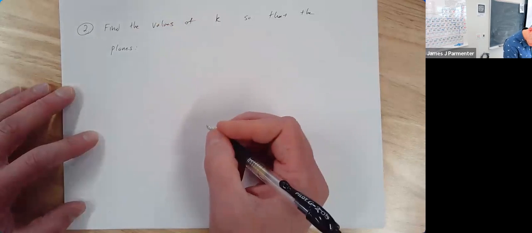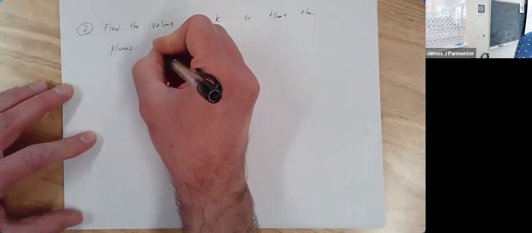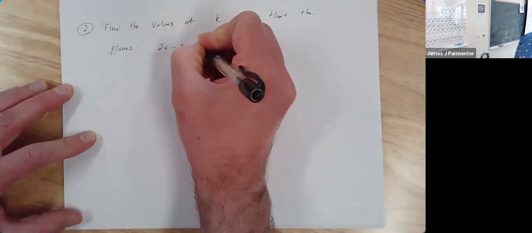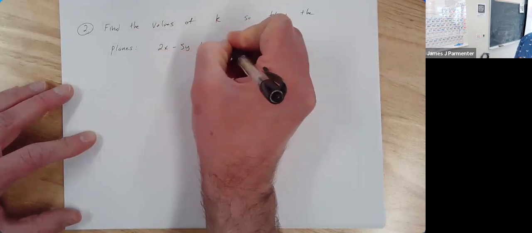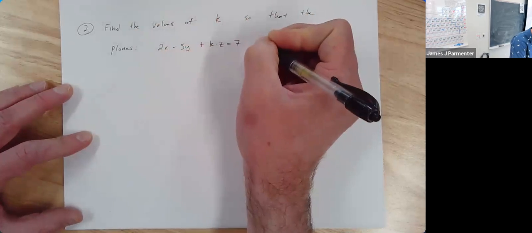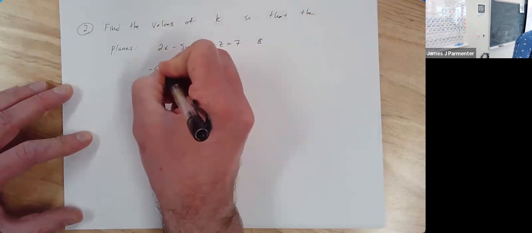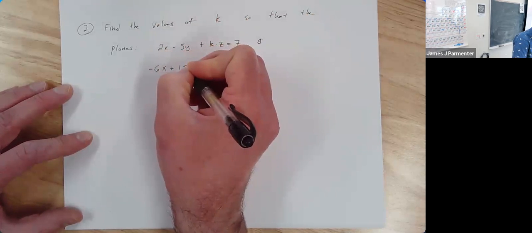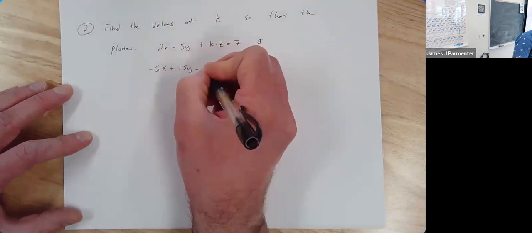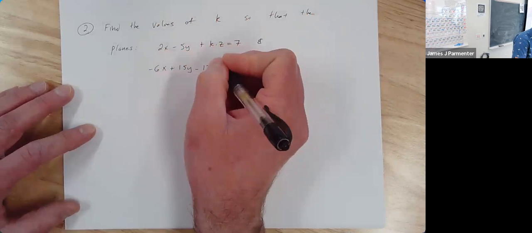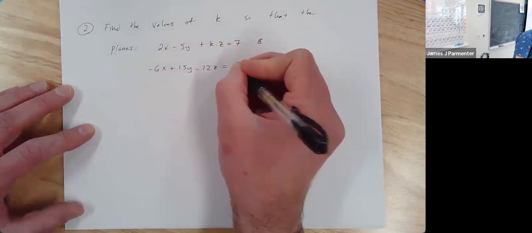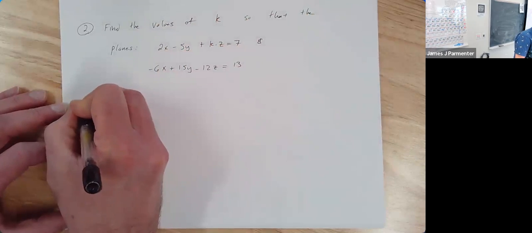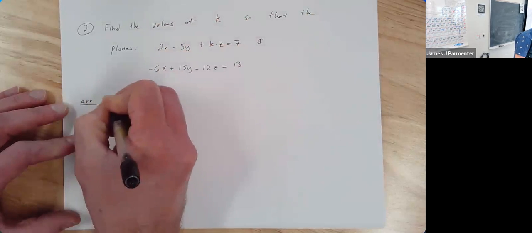Our planes are 2x minus 5y plus kz equals 7, and negative 6x plus 15y minus 12z equals, it doesn't really matter, 13. We want to find the value of k so that those are parallel.